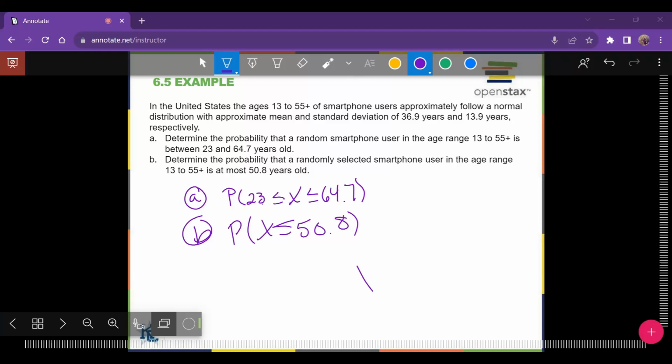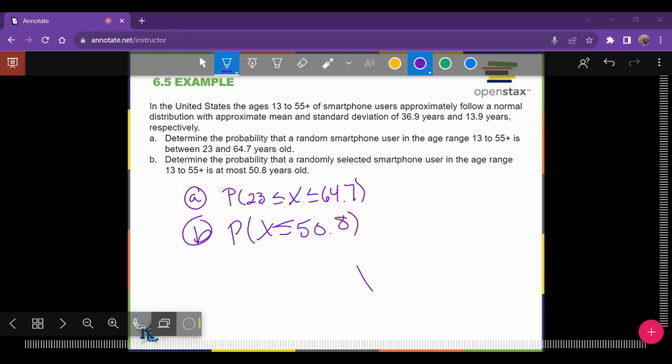And it's true, minus normal distribution of 23, our smaller number, same mean, same standard deviation, and still true.